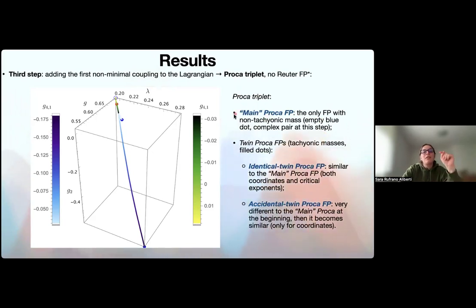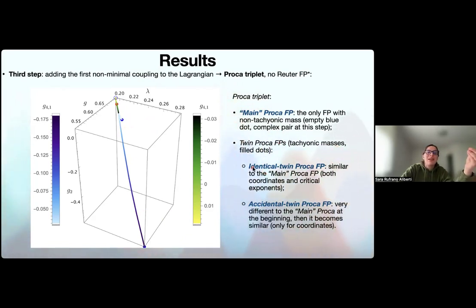And here, this main Proca fixed point is given by this empty dot because it's given by a complex pair at this step. And in a few moments, I'm going to better specify it. Then we have the other filled blue dots, which are real fixed point solutions that we call the twin Proca fixed points because they are characterized by tachyonic masses.